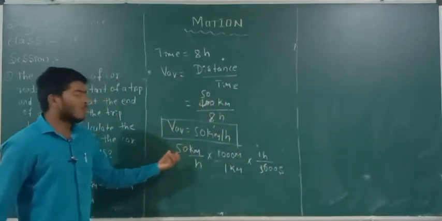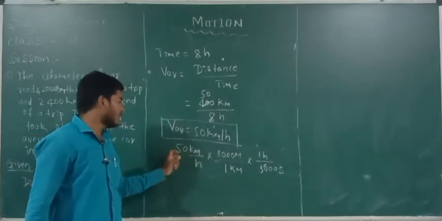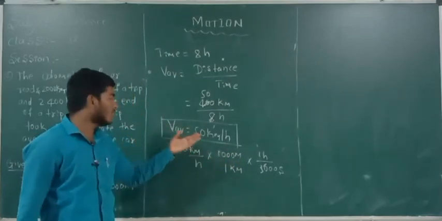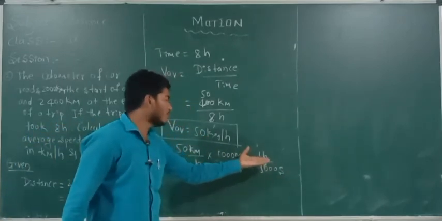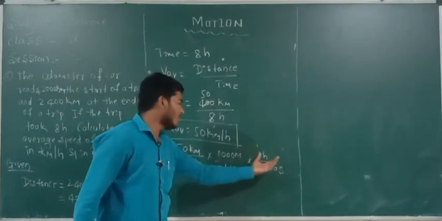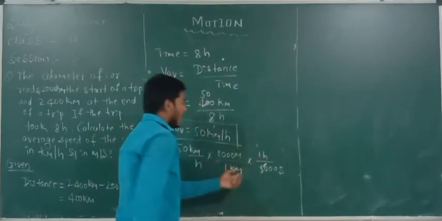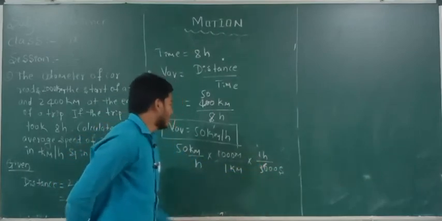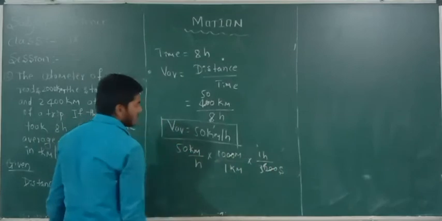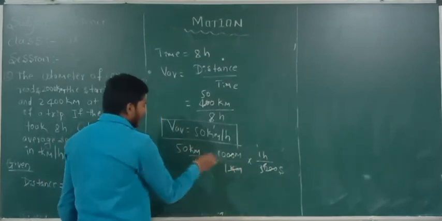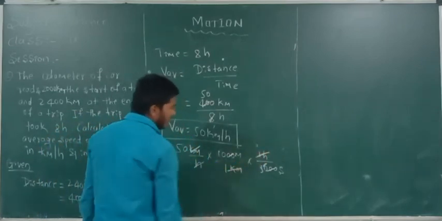Because 1 kilometer is equal to 1000 meters, so we multiply by 1000 to convert the given data to meter per second, and we multiply and divide by 1 hour divided by 3600 seconds, because an hour has 3600 seconds. So the two zeros get cancelled, the kilometer gets cancelled, the hour gets cancelled.